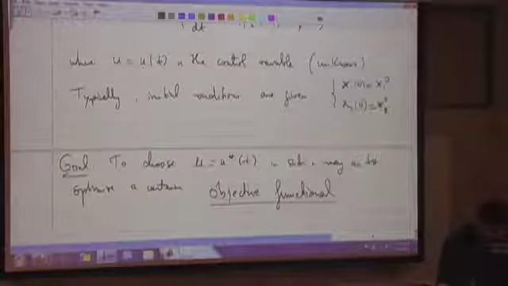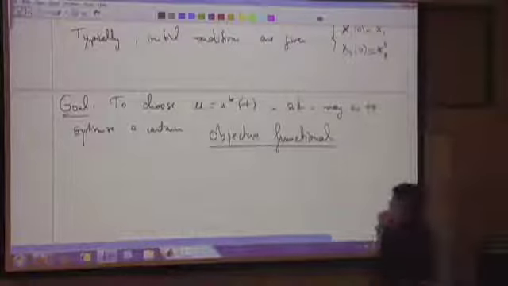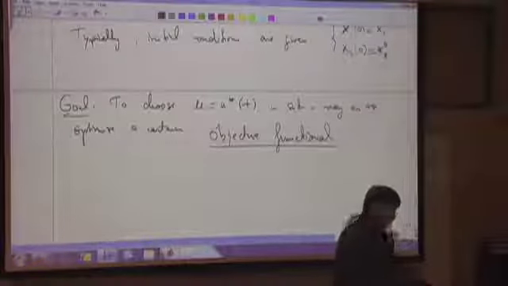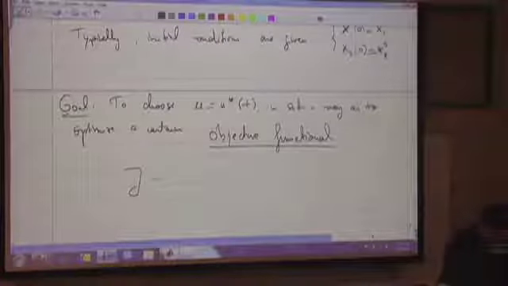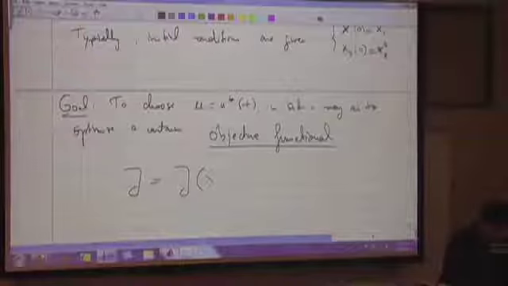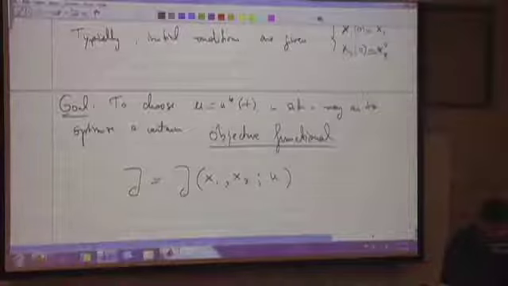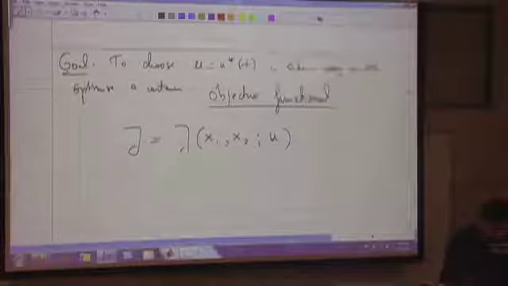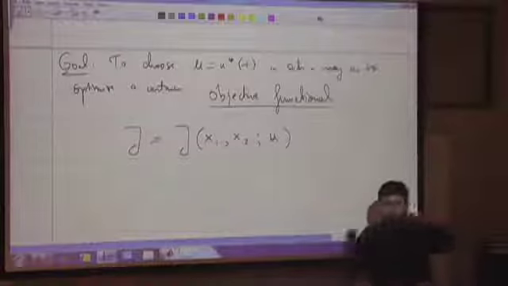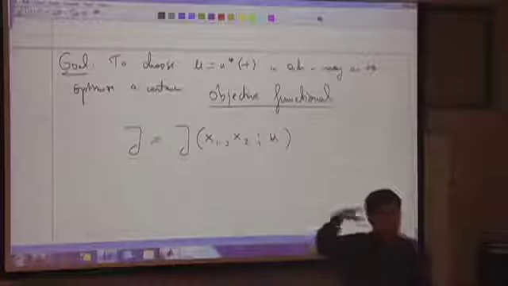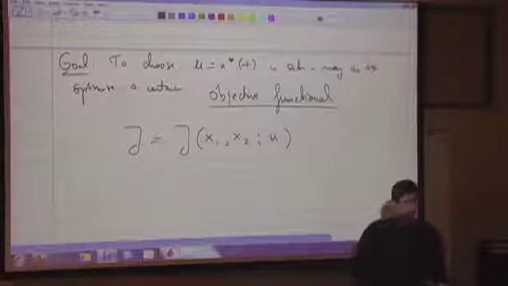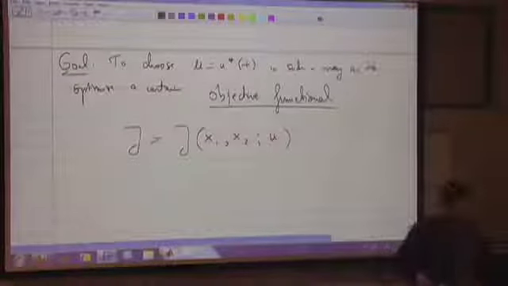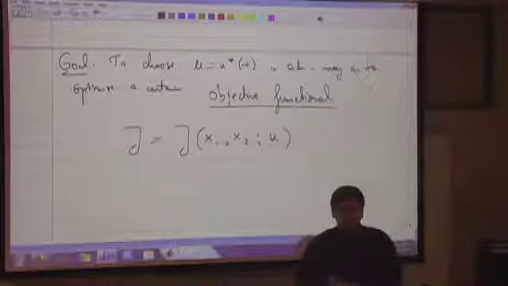Now, we've only talked about functions. Why do I call it a functional? Well, it's not always just a function of your state variables. Oftentimes, like in that example when you looked at the profit over time, it was an integral of x and u and something, right? So it's a function of the function x. That's why it's called a functional.